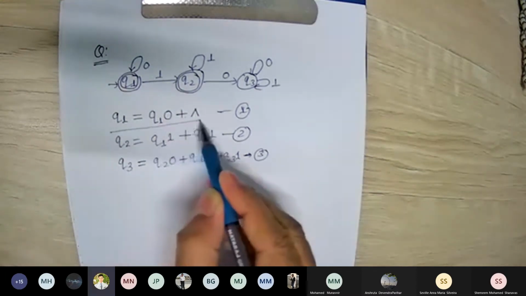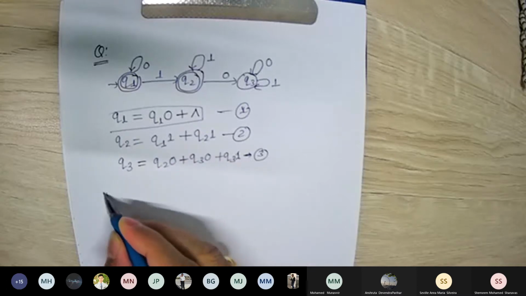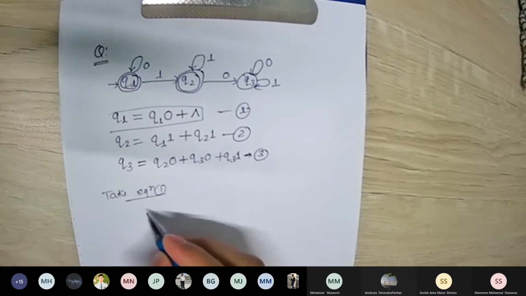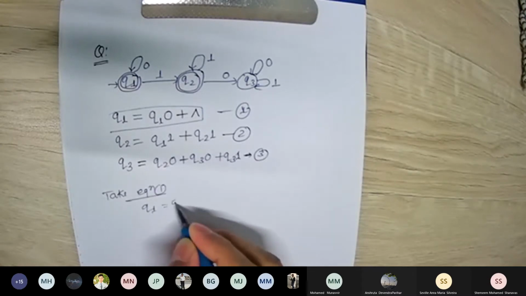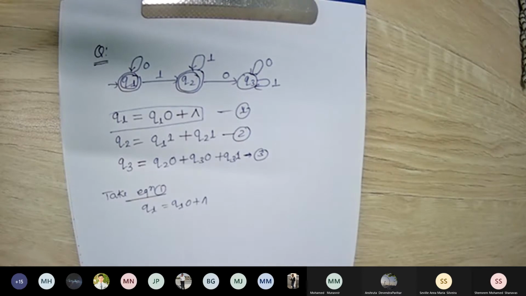Can we solve this equation? Take equation 1. Q1 equal to Q1 0 plus null. What is Arden's theorem?